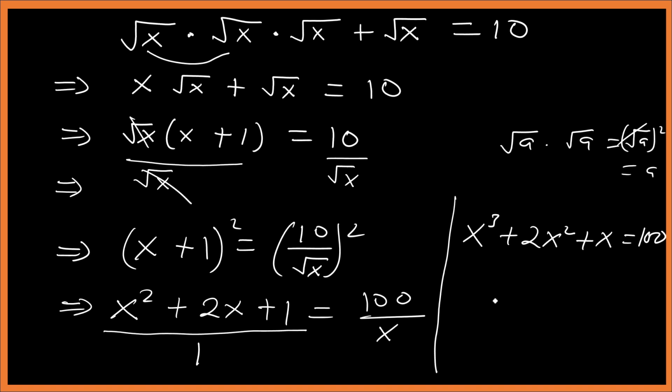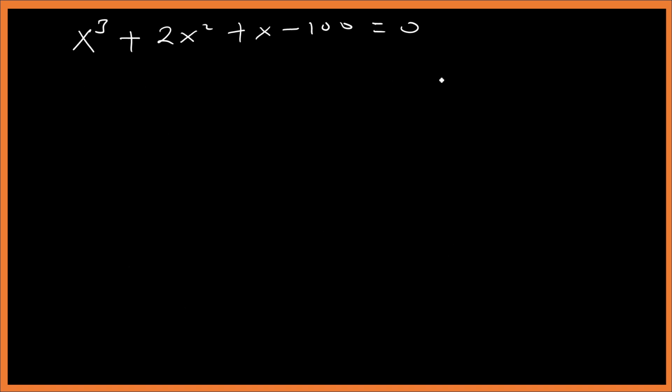Okay, so we have x cubed plus 2x squared plus x minus 100 equal to 0. Okay, so let's record this one.